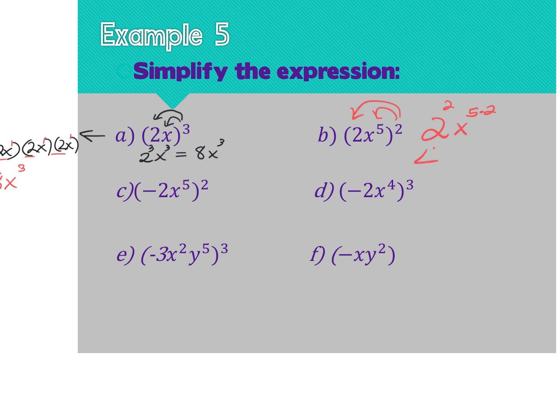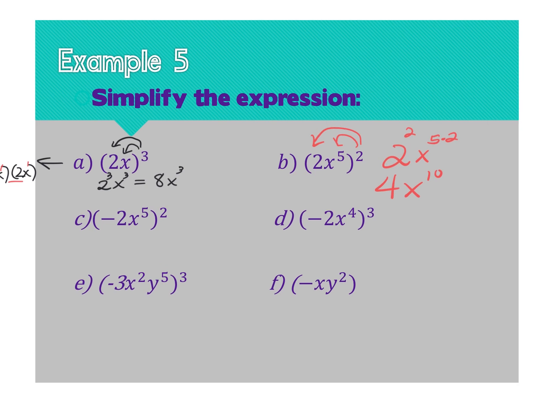So 2 squared is 4, and then it becomes x to the 10th. Again, if you prefer to think of it as x to the 5th times x to the 5th, you can do it that way. And then multiply the 2's, and then add the powers on the x's. And you get the same answer either way.